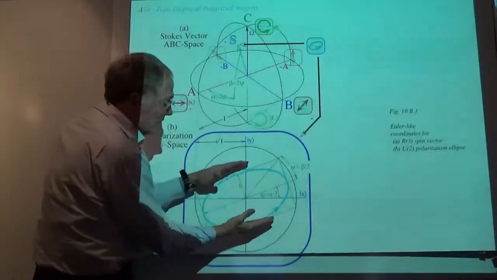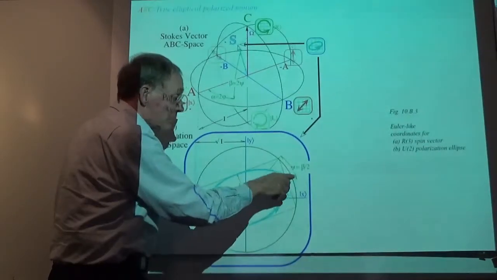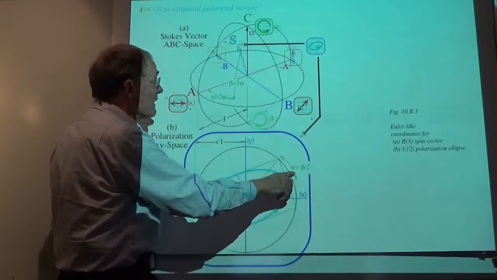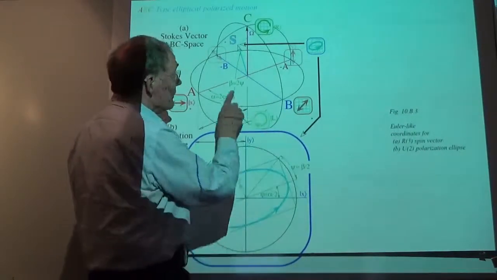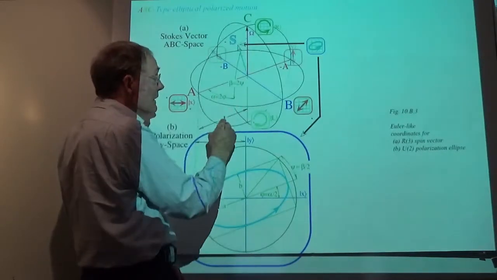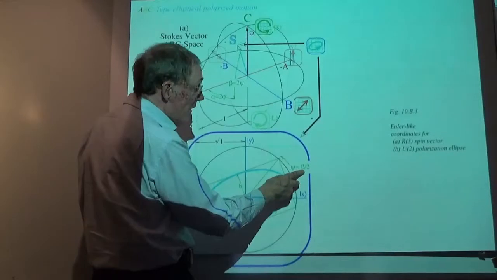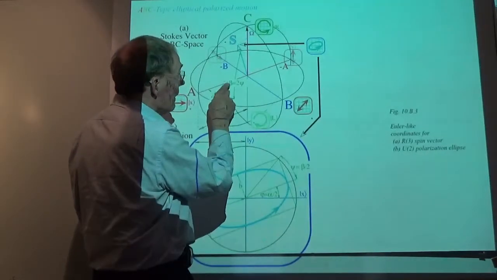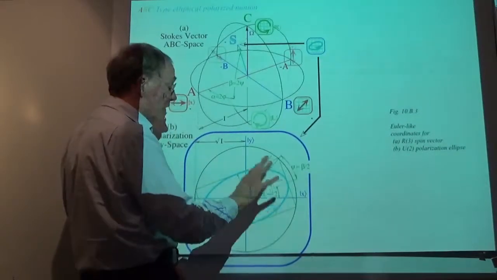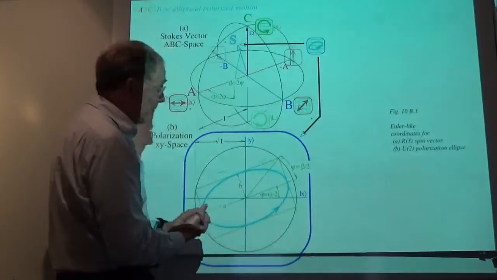And it doesn't matter what size that orbit is, but the size of the orbit, as the aspect ratio, is determined by this little angle here, and that's an Euler angle beta. Beta is equal to 2 times that angle up here. Here, the actual angle is 1/2 of the Euler angle in the Stokes vector space. This is spinor space now, you see, X versus Y polarization.